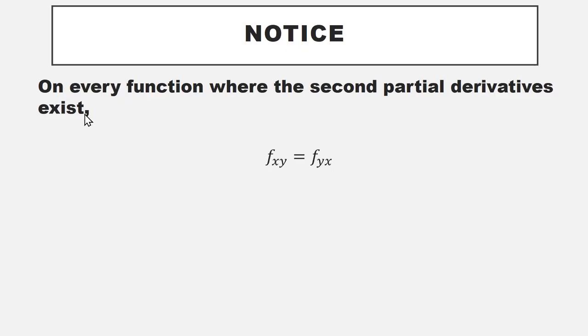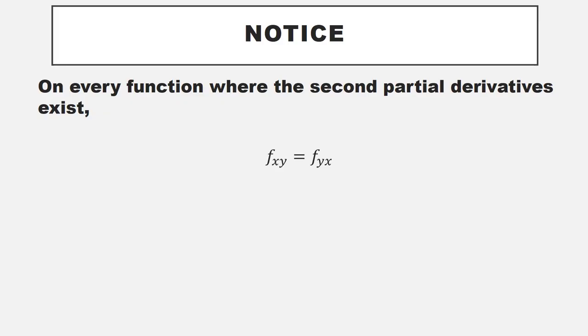That is not a happenstance. That's actually going to happen on every function where the second partial derivatives exist. So obviously sometimes the mixed partials may not exist, but if they do exist, if I can take the second partial derivative f sub xy, you'll get the same thing if you do f sub yx.